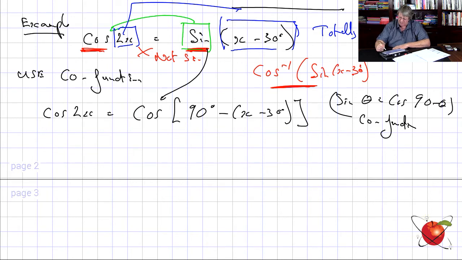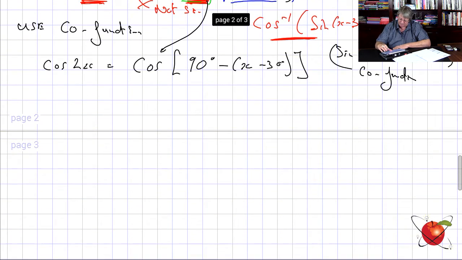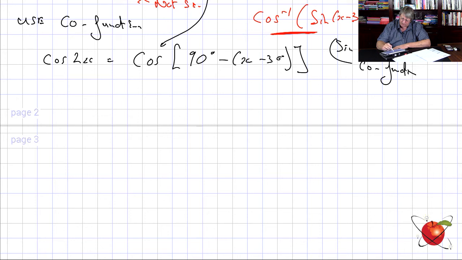Okay, and you can see that I have done just that now. Now what have we got? I can do this, can't I? Because I can say that is cos of 90 plus 30, which is going to be 120 degrees minus x.